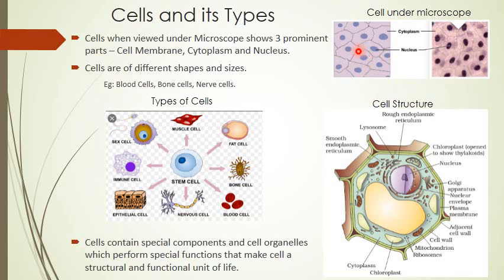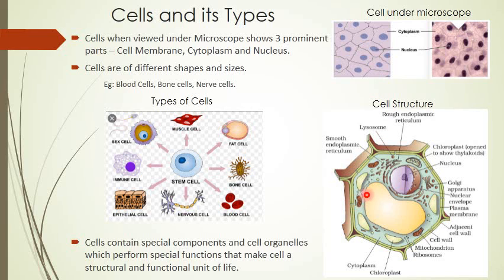In the compound microscope a cell shows only the basic parts, whereas under the electron microscope it gives a much more detailed and larger view. The cell not only contains the cytoplasm, nucleus and cell membrane, it also has so many things inside, when viewed under the electron microscope.